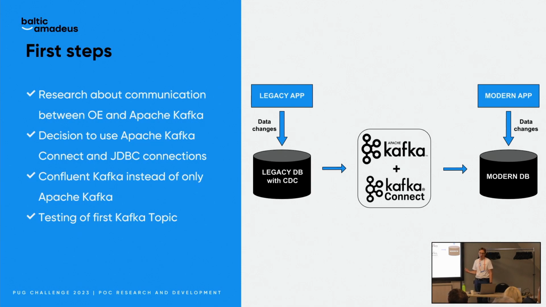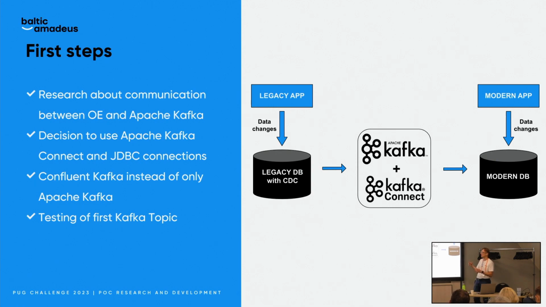Additionally, we decided to use Confluent Kafka instead of only Apache Kafka as a vanilla version. The only difference between these two is that Confluent Kafka is a more commercialized version, and it actually provides pre-coded connectors that we can use specifically for sending the data across Apache Kafka, so we wouldn't have to do any additional coding.